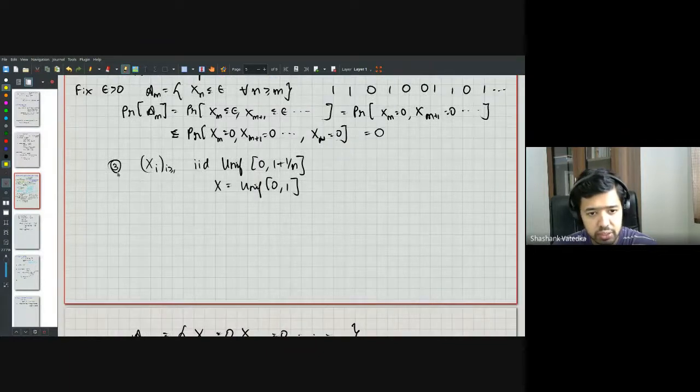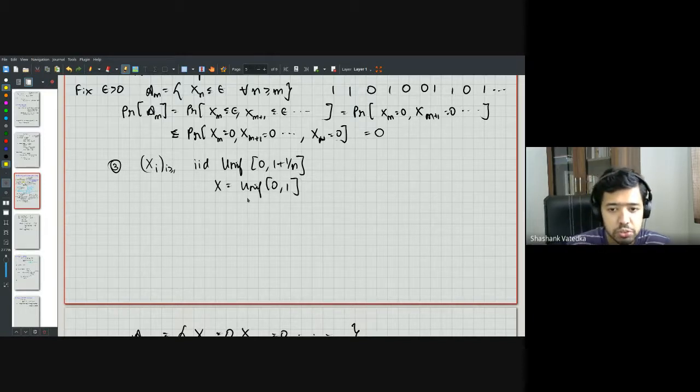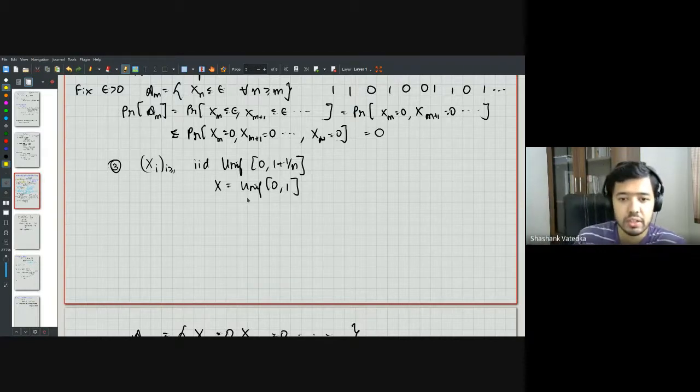And as an exercise, I asked you to look at the following sequence of random variables, x1, xn, and so on, which are IID uniformly distributed over 0 to 1 plus 1 over n. And the question was, does this converge almost surely to a random variable which is uniformly distributed in 0, 1? Okay, so has anyone tried it out? Does this converge almost surely?